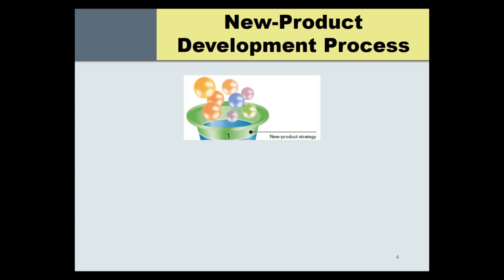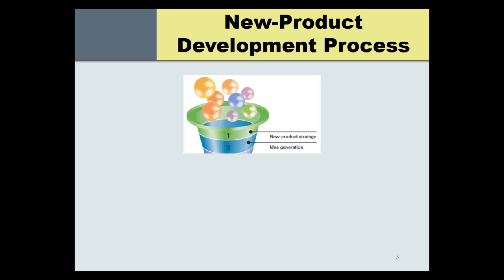Also, there will often be hurdles to overcome, such as it's got to have sales of X, it's got to be manufactured on our existing equipment, it's got to be distributed through our existing distribution methods, and so on. So we start with an overall strategy to put some parameters around what it is that we're trying to develop.